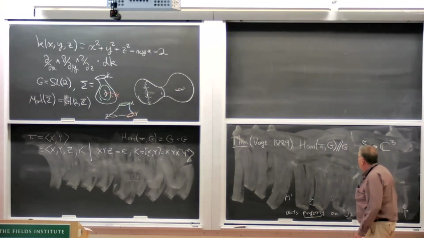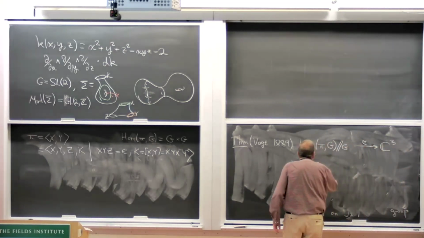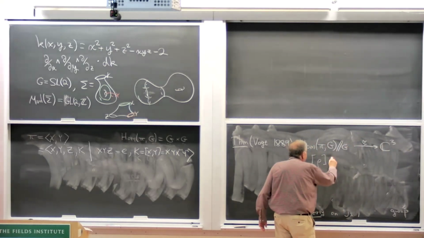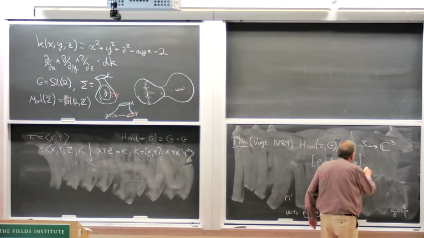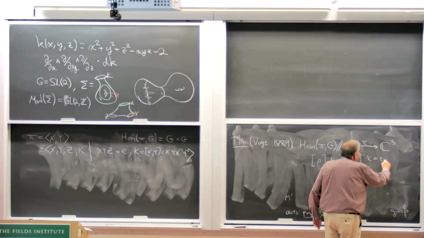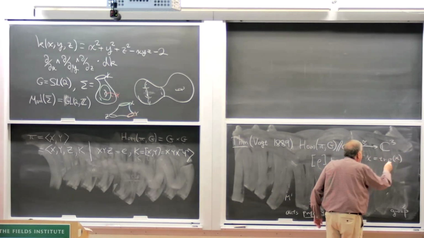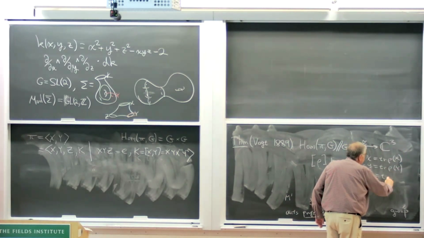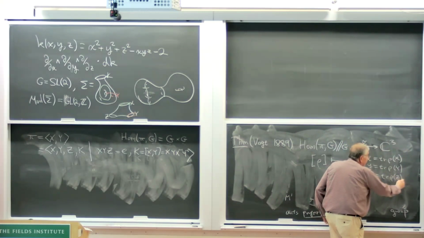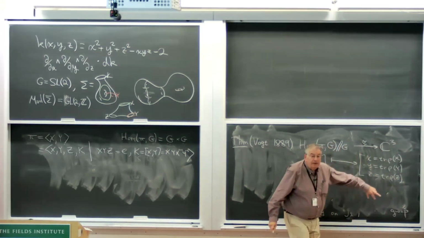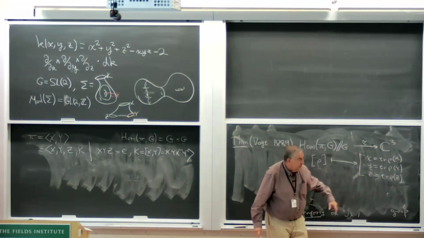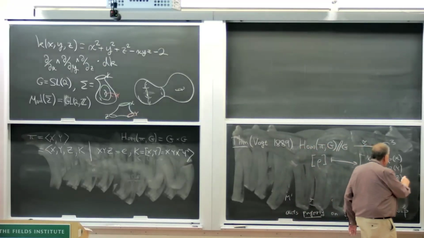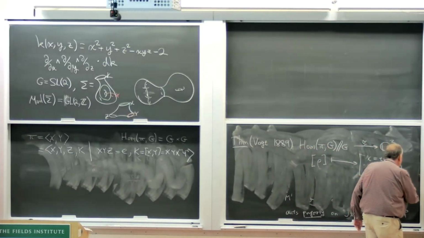And what's the relation? Well, you have an equivalence class of a representation rho, and that has three coordinates, x, which is the trace of rho of x, y is the trace of rho of y, and z is the trace of rho of z. Now, in SL2, a matrix has the same trace as its inverse, so this is also the trace of rho of x, rho of y.